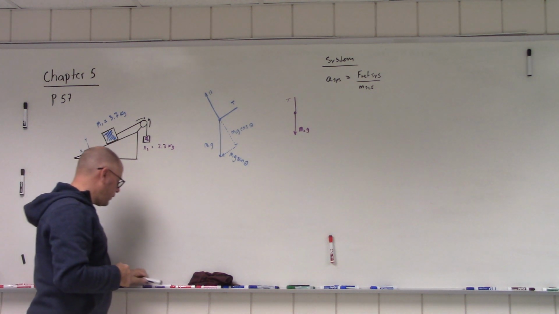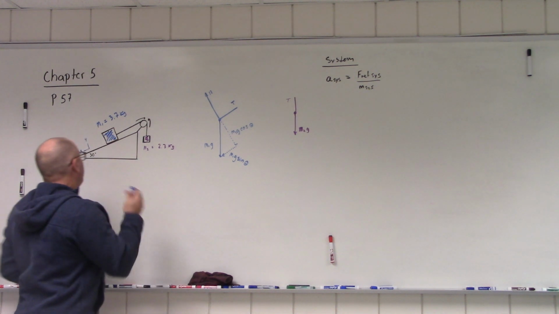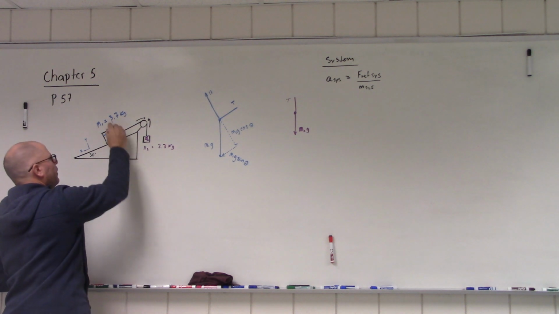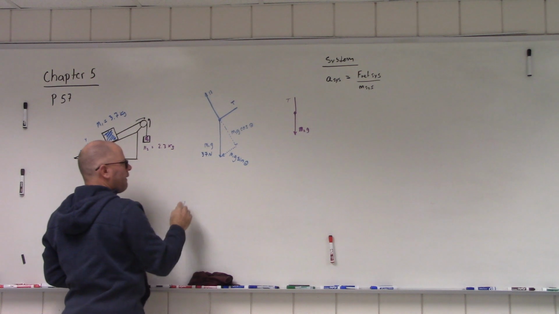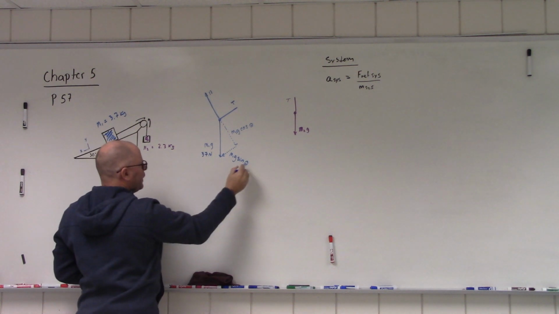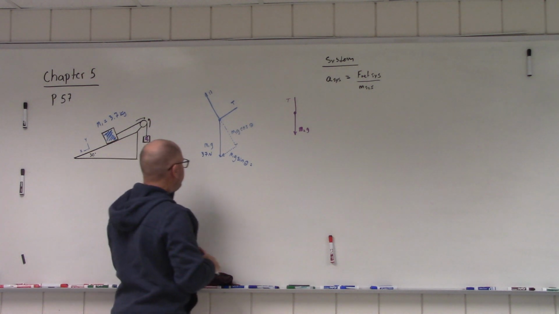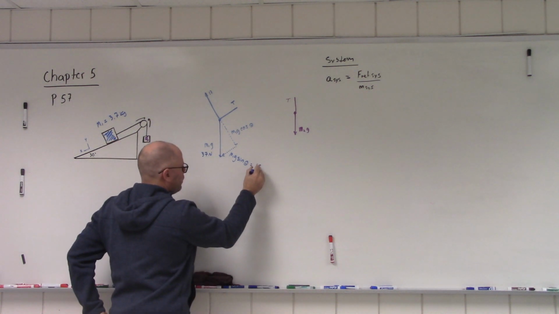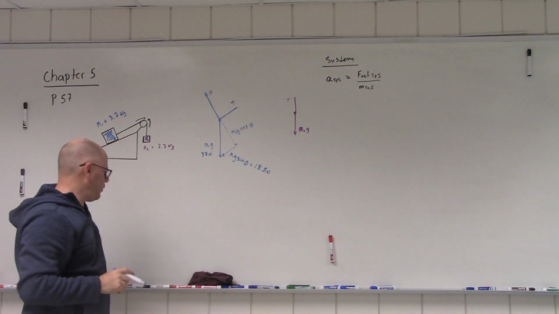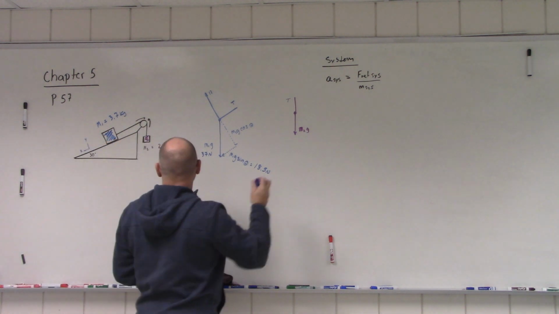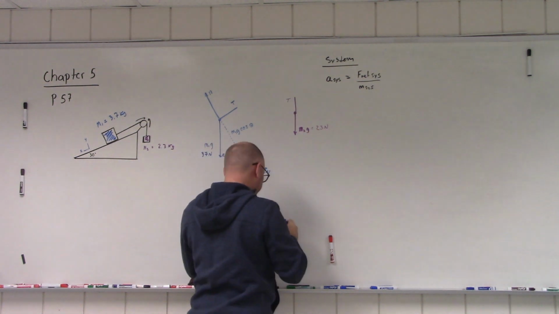So let's get some values for these. It's just this one, actually. So this block is 3.7, so its weight is 37 newtons. And then because this is 30 degrees, I know that this is going to be half of that. So what is this, 17, 18 and a half? So this component is 18.5 newtons. How much does this thing weigh? It's 23 newtons.